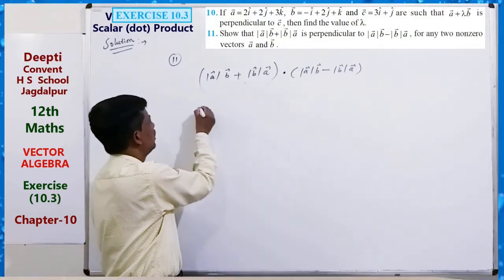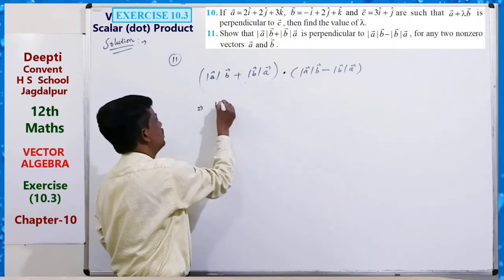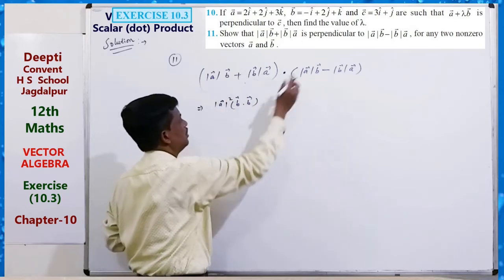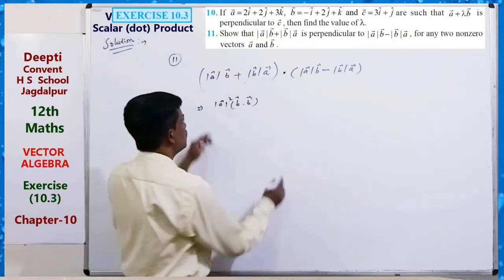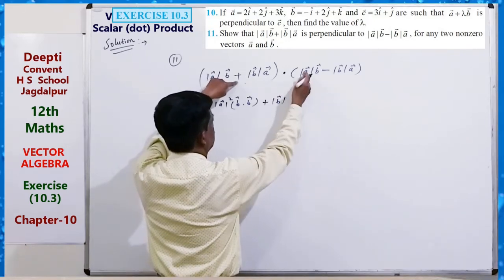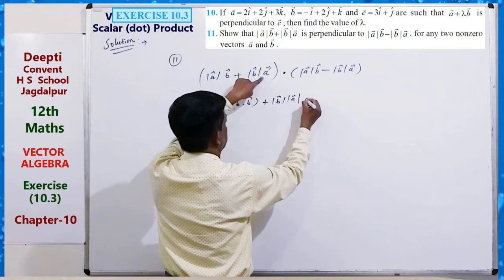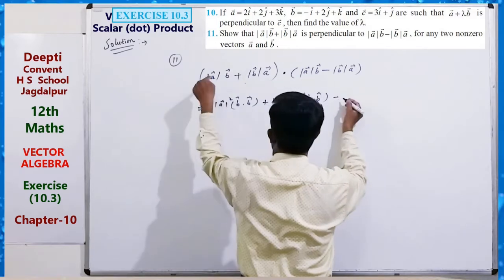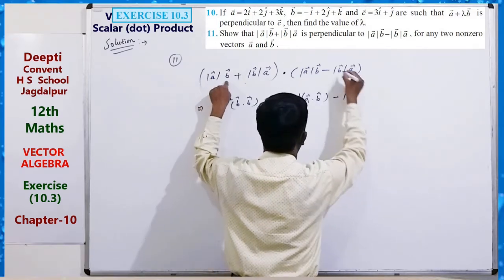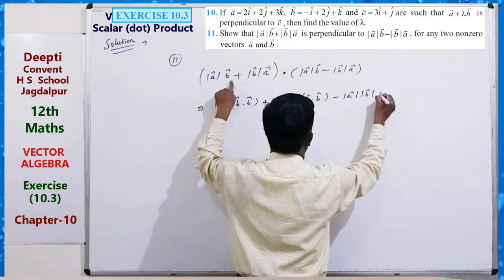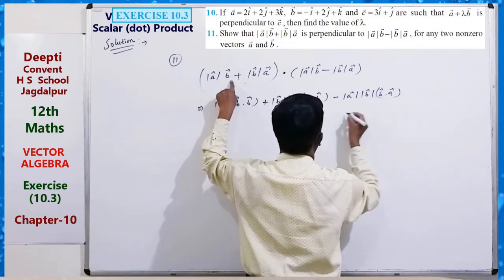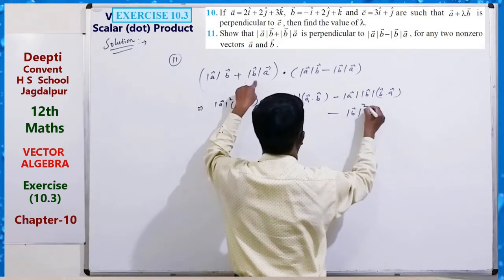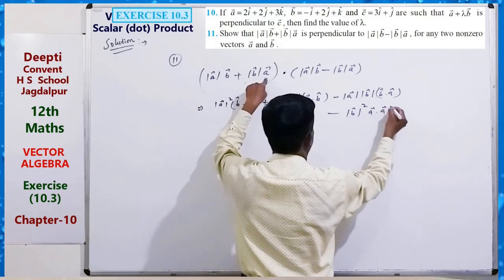You get mod A square B dot B, plus mod B mod A dot B, now minus mod A mod B B dot A, now minus mod B square A dot A.